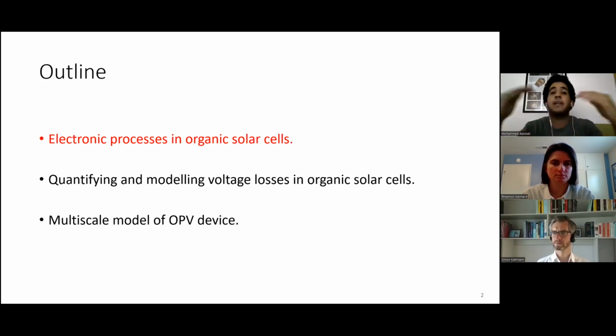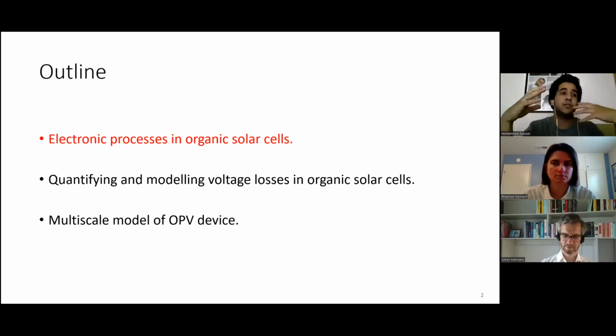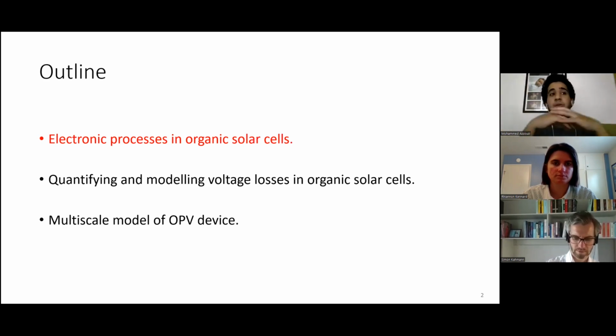And the last part will be about how we can put this modeling of the voltage losses together into a device model and try to simulate different experimental results and get some information from there.